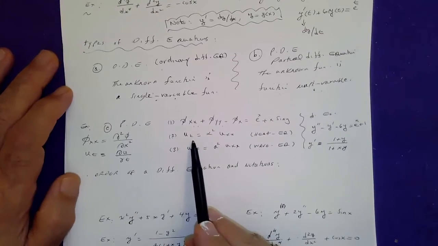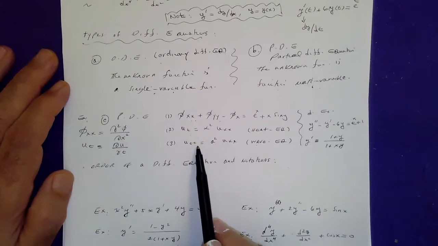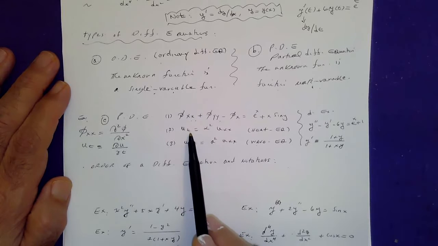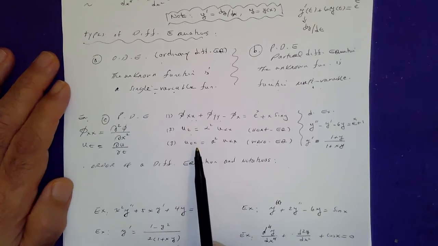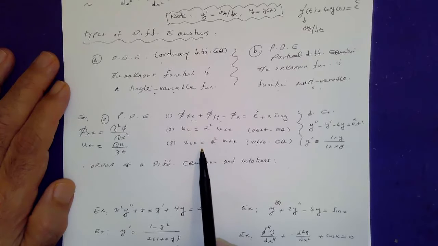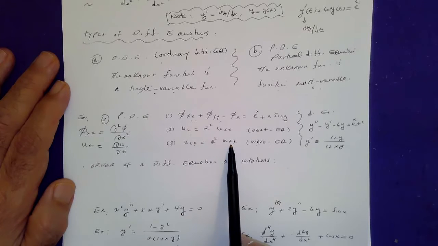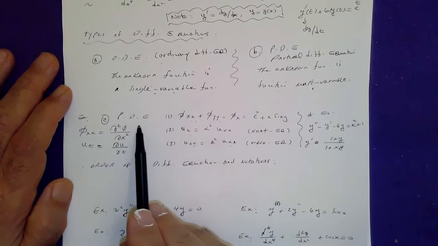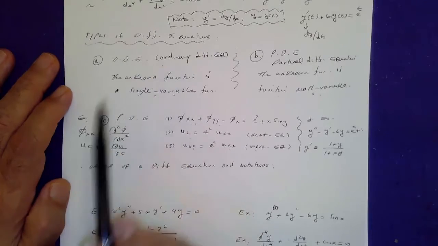Do you see it here? And utt is the second partial derivative of u with respect to t. So in these two cases, the independent variables happen to be t and x, not just x. That's why they're under the category of PDE, not ODE.